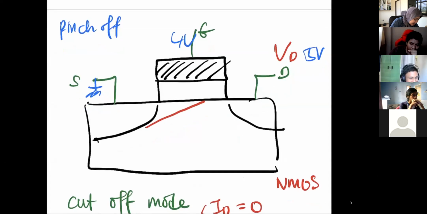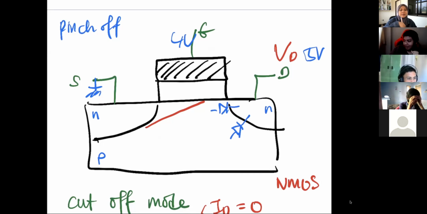Jadi, macam mana? What do you think? Ni, janganlah senyap. I don't have any idea, bro. No idea? So you don't know which one is correct? What's your opinion?